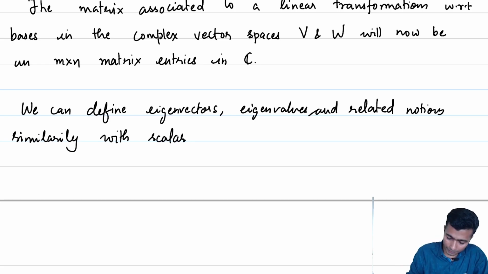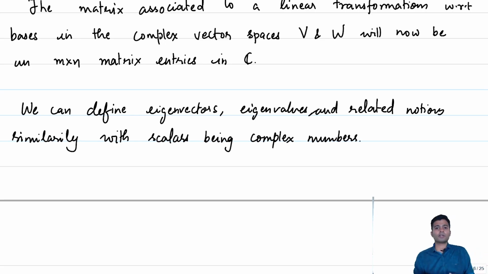In particular, eigenvalues could now be complex numbers. The characteristic polynomial of an n cross n matrix over C, or of a linear operator on a vector space V over C, will now be a polynomial over complex numbers, and not just over real numbers. It could have coefficients which are complex numbers.